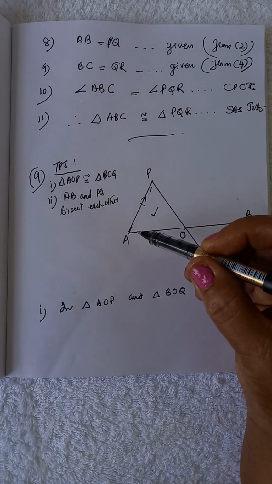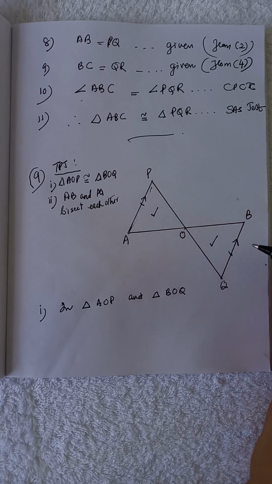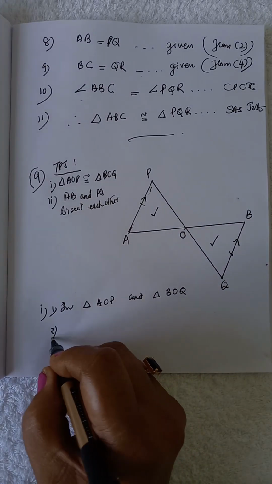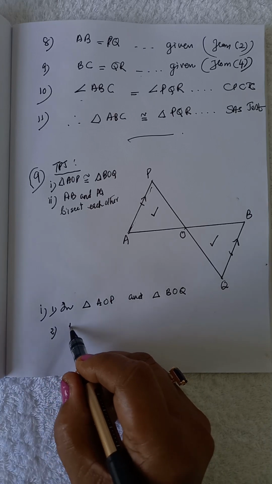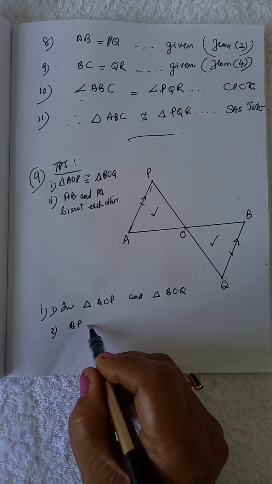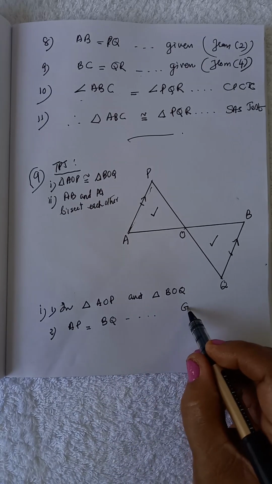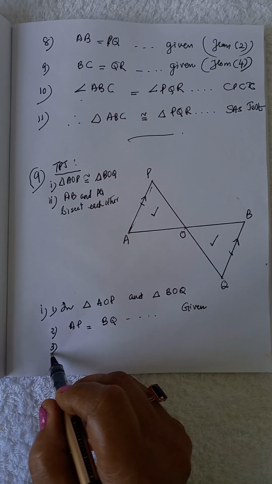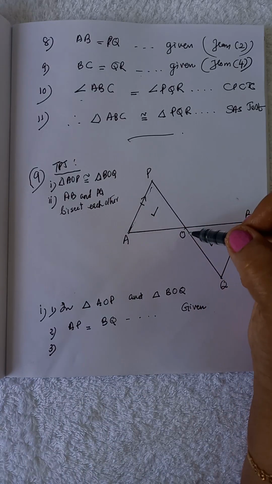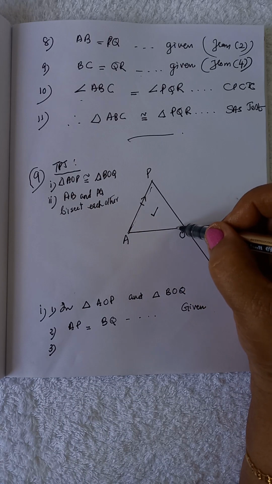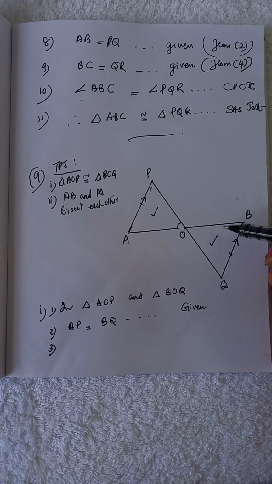Here this AP is equal to BQ, that is given in the question. So we can write second point as AP is equal to BQ. Reason is given.